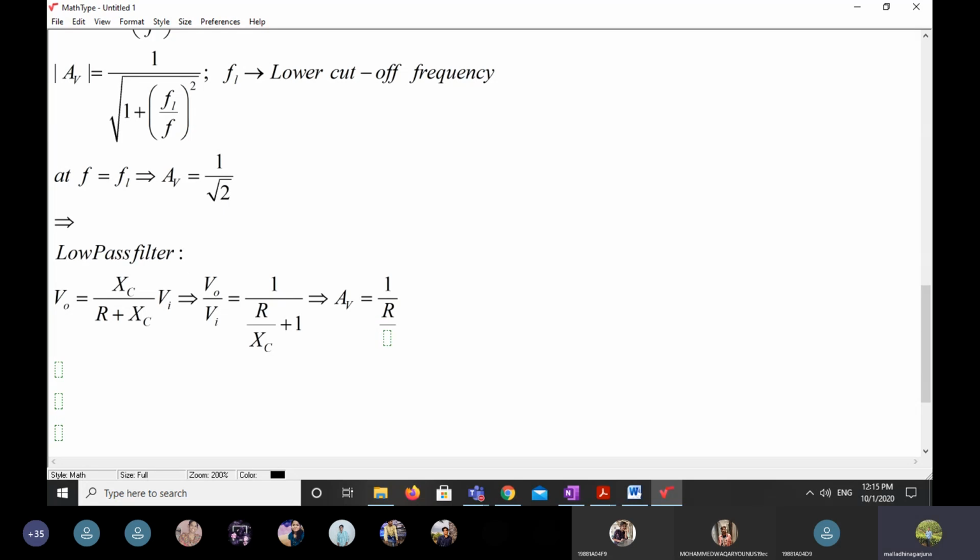So this voltage gain equals 1 divided by R divided by Xc plus 1. Okay, Xc is what? 1 divided by 2 pi f C. So that equals 1 by 2 pi f R C plus 1.